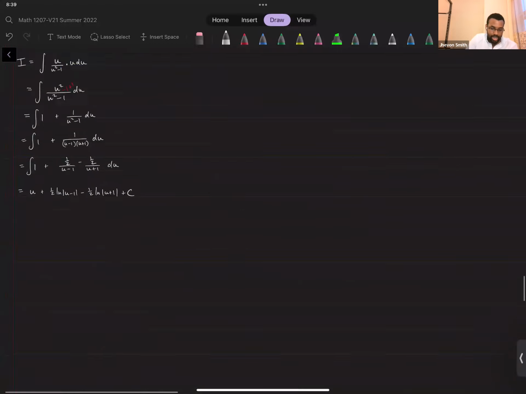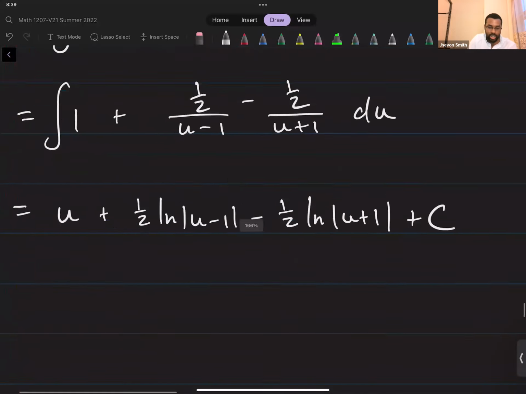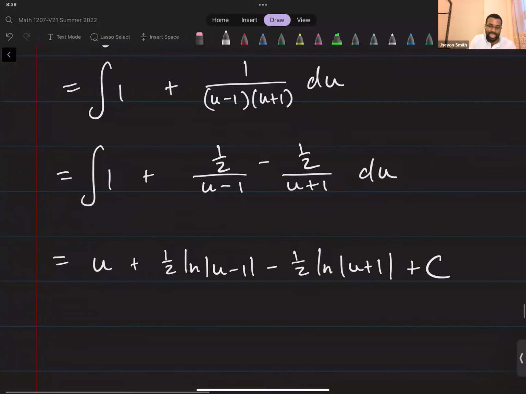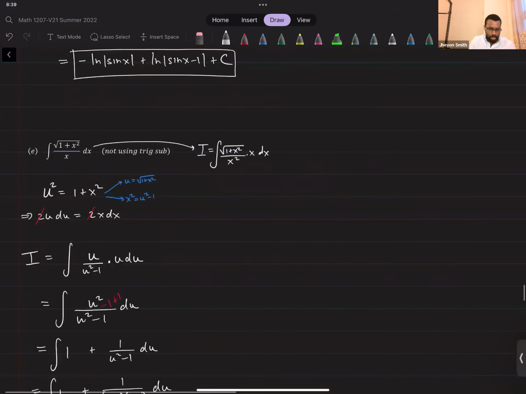So again, anything that doesn't look directly like a basic rule, there is some process to go through. Like technically here, I would do t equals u minus 1, but my du would be dt, so it'll just be ln of t, and so there's no factor, no coefficient other than 1, but just to keep that in mind. And at this point now, I can actually plug in my u.